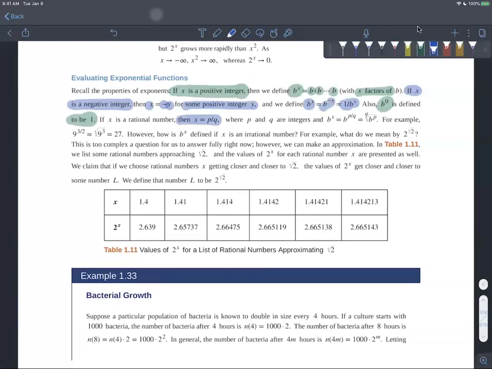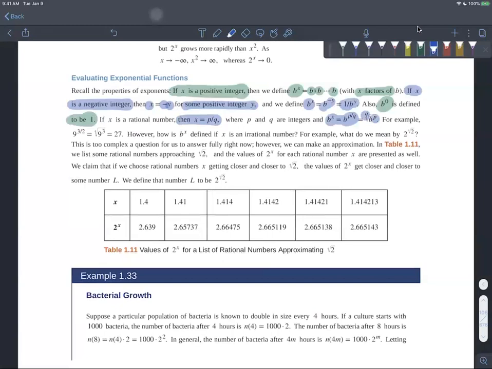So it says where p and q are integers. And then we know what that means. b to the x is equal to b to the p over q. And then the p is treated as an exponent. The q is treated as a root. So it'd be the qth root of b to the p.